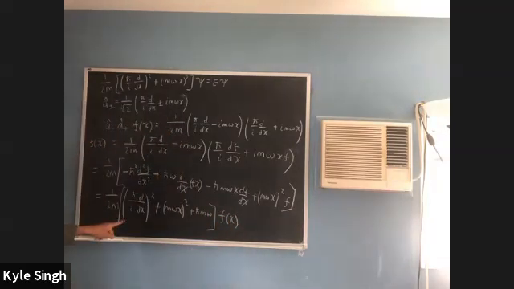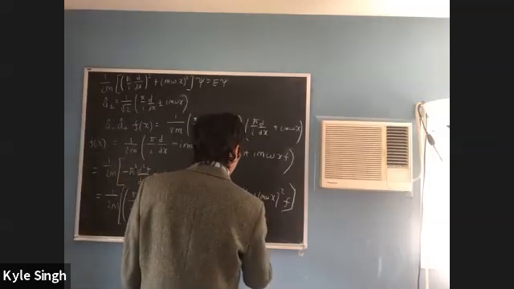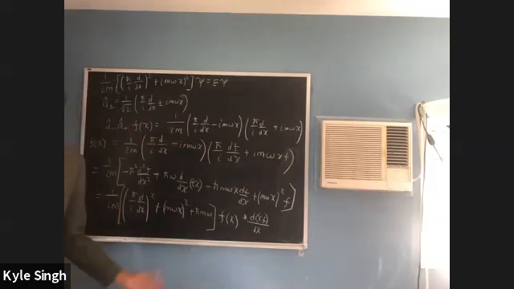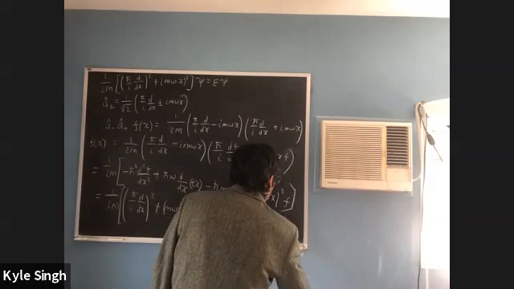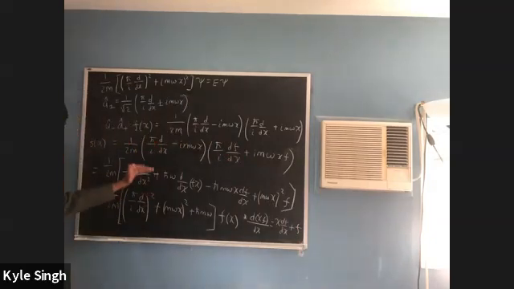To get this, I use this property: if I have d/dx of x f, I can rewrite that expression as x df/dx plus f. So you can work out how I got from there to there. It's just algebra. I skipped some steps.